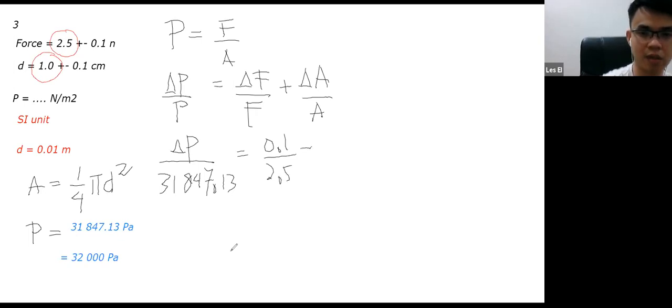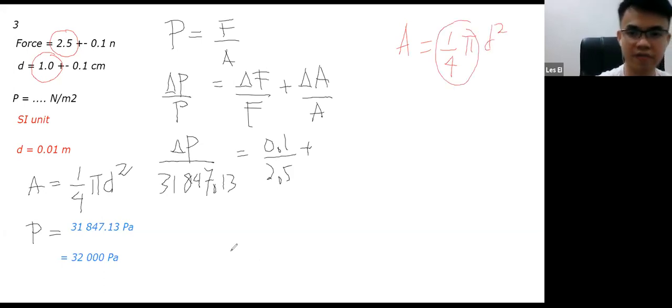Now I want to talk about the area. Do you have any uncertainty for the area? You have written down the equation that area is equal to 1 over 4 pi d squared. So let's talk about this version. Is there any uncertainty for 1 over 4 pi?